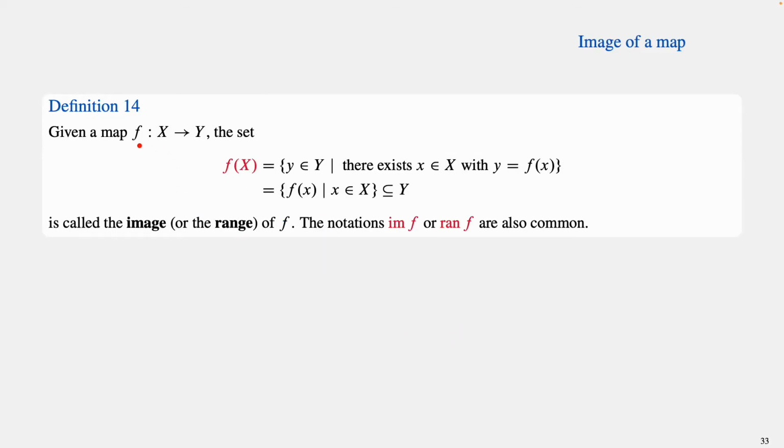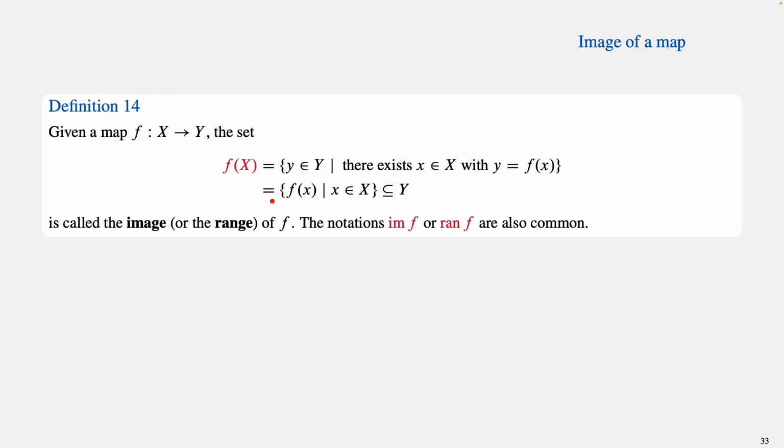Now, given a map f from a set X to a set Y, we say that the image, or sometimes it's called the range, of the map f is the following set. f(X) is the set of all the elements in the set Y such that there's some element in X that is being mapped to y by the map f. So you could say it's the set of all possible output values if we try all possible input values for our map.